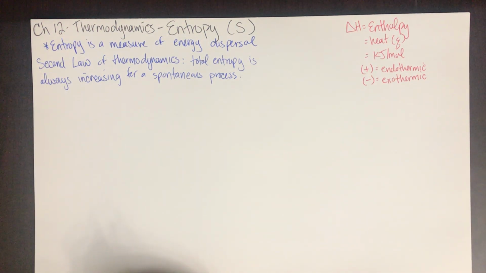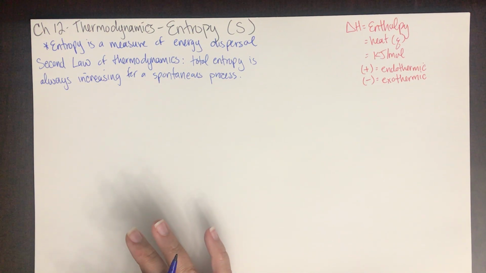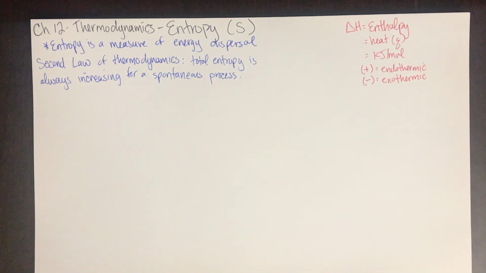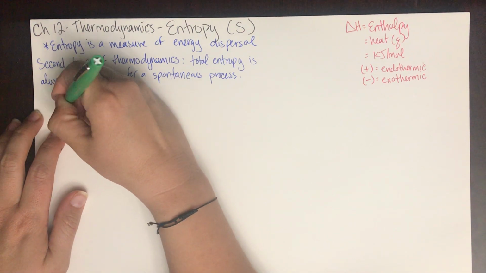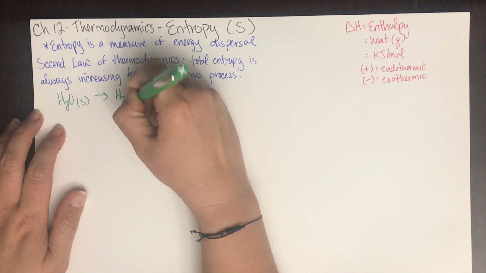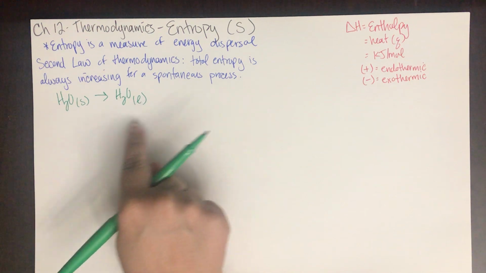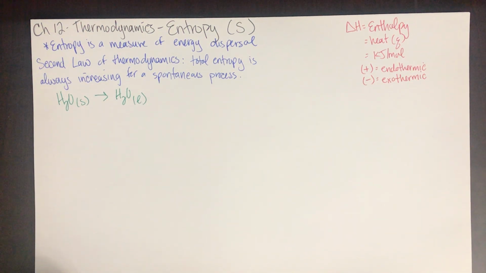So a good way for us to look at this is to see what is happening with entropy in a specific type of process. So let's say we have a reaction and we are going from solid water to liquid water. So you think about what's happening in these molecules of water.